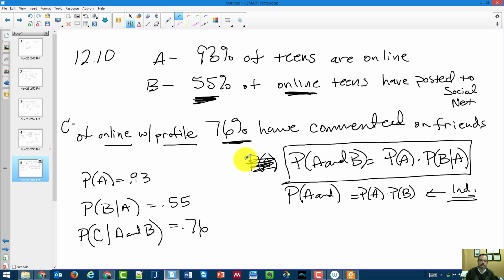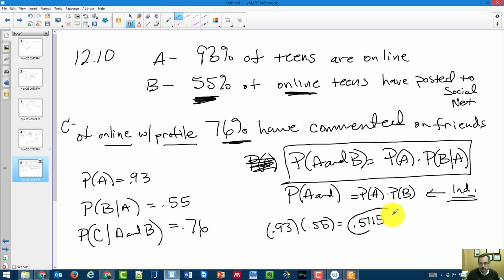So in order to put these things together in 12.10, we are basically doing this. In the first step, 93 times 0.55, and this is the part that they did in the example, equals 0.5115.